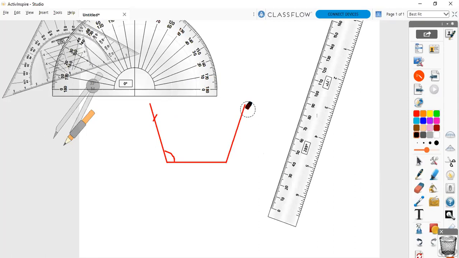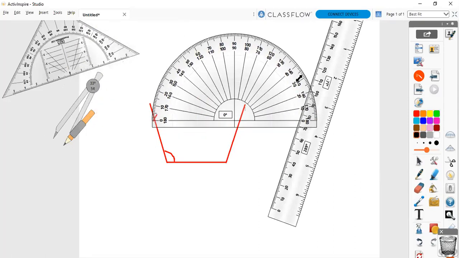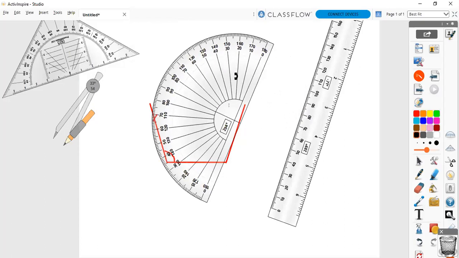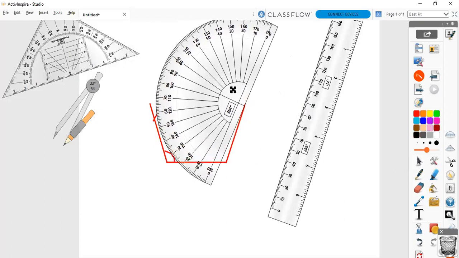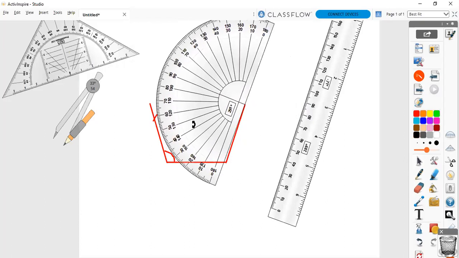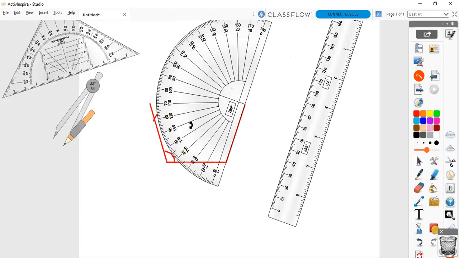Again from this point we wanted to measure 108, so we'll rotate this angle protector in such a way that this point of the angle protector will meet over here properly, like this.